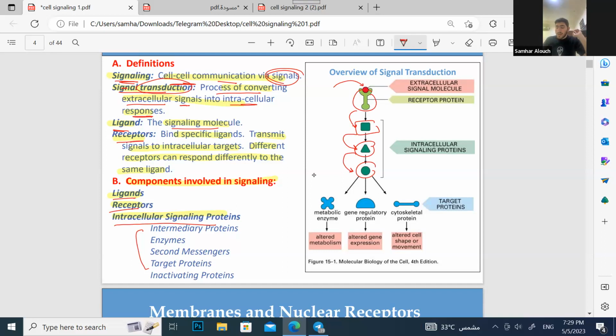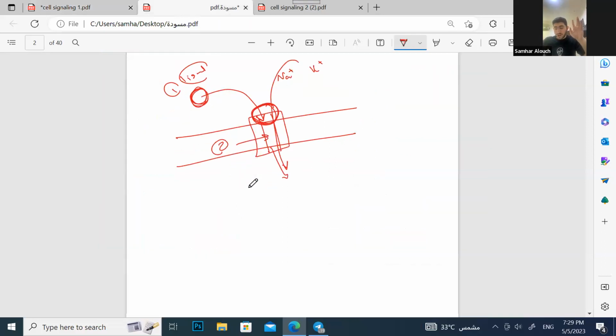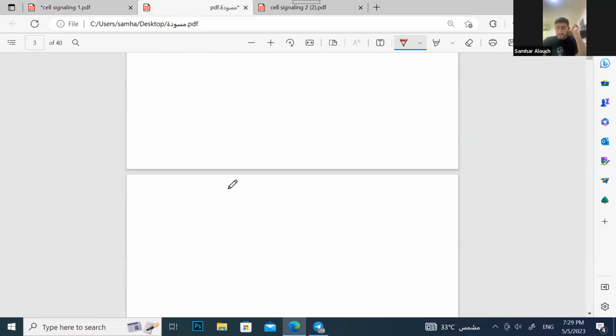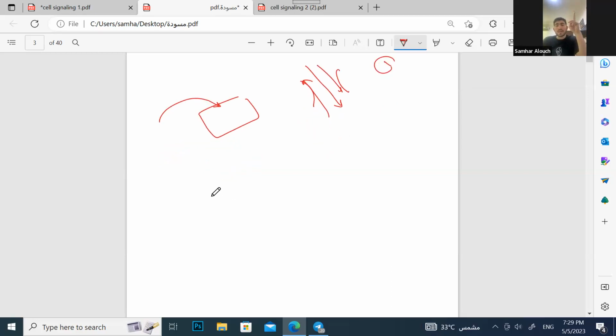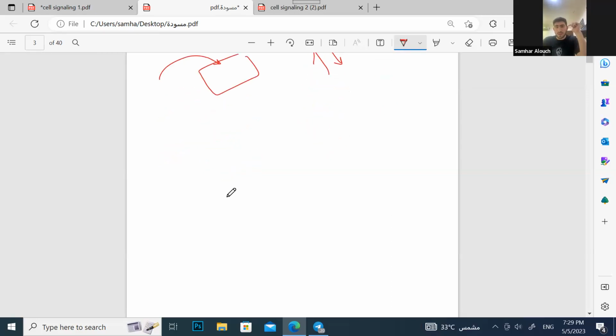response. And one important thing to mention is that we have 2 types of signaling. The first type is that after the ligand binds, the receptor opens and it allows ions to enter and exit. That's the first type, which is the general type. The second type, which is mostly what this lecture covers, is that after the ligand binds to the receptor, it activates internal enzymes.